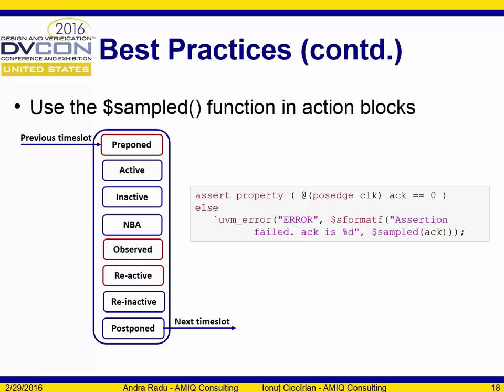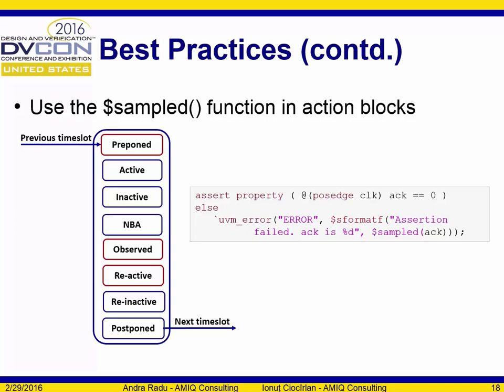In the preponed region, the values of the signals in the expression for the assertion are sampled. So the values of acknowledge from the preponed region will be used when evaluating it. The evaluation will happen in the observed region. And in the reactive region, the fail or pass blocks will be executed after the assertion is evaluated.